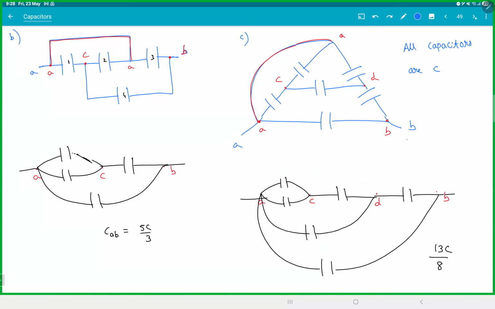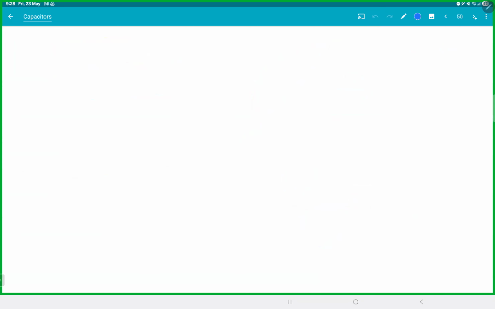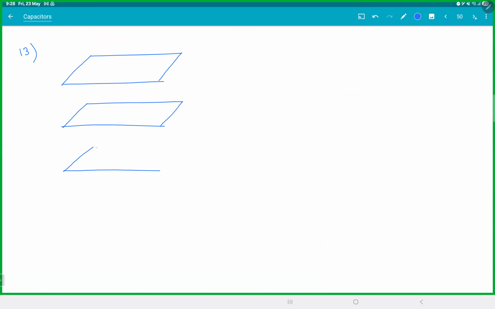Clear with this? Let's see one more like this. So there is another way of asking these questions. Let's say we have parallel plates like this.